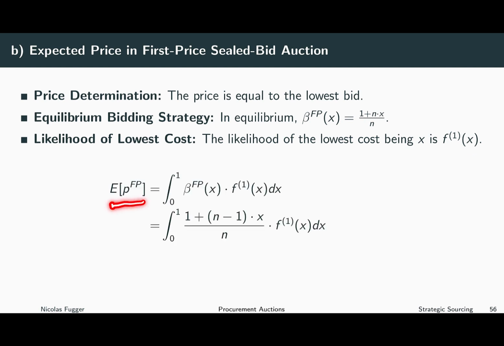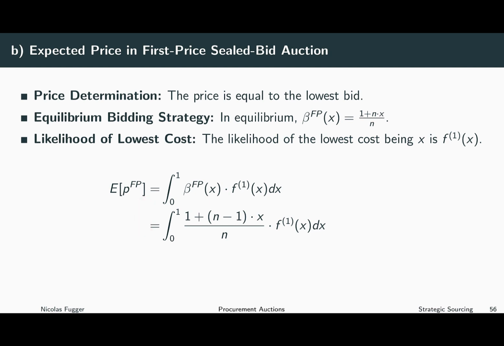The expected price in a first price auction is the bid that the winner makes, so the one who has the lowest costs, times the relative likelihood that the winner has costs of x, or put differently, that the lowest cost realization is x.